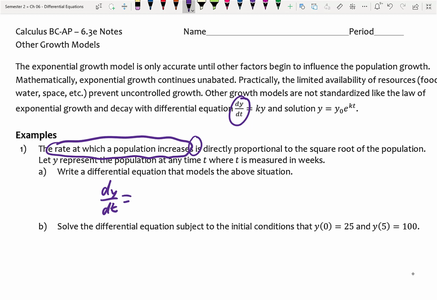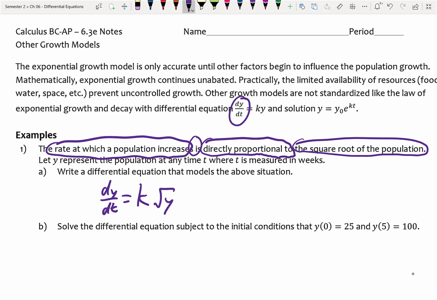We're going to translate directly proportional to into k times something. That's what directly proportional means. It's a constant times something. And then what's it directly proportional to? The square root of y. Not just y, but the square root of y. So given all of that, if it's directly proportional to the square root of y, we have a differential equation.